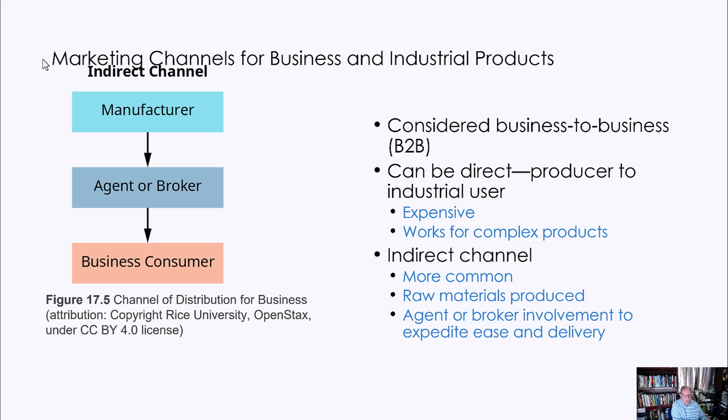The co-op is going to load them into freight cars. The freight cars are going to take them to even bigger distribution centers. And they're going to combine all the little itty bitty producers, in other words, farmers, into big bulk purchases, because the big companies like General Mills probably don't want to deal individually with farmers, and so an agent or a broker might actually combine all of those small little producers into one big sale.